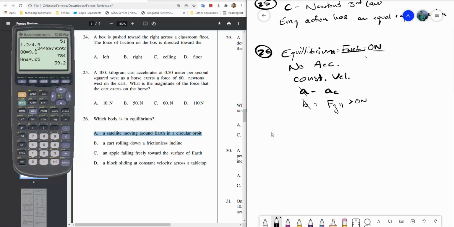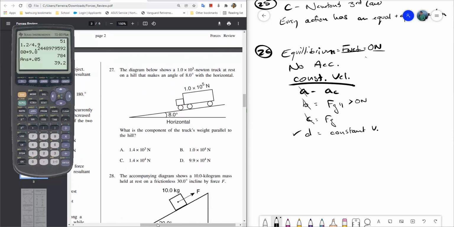C, an apple falling freely towards the surface of the Earth. There's going to be a force of gravity on the apple, right? So it can't be C. D, a block sliding at a constant velocity. D, because it's going at a constant velocity. So 26 is D.